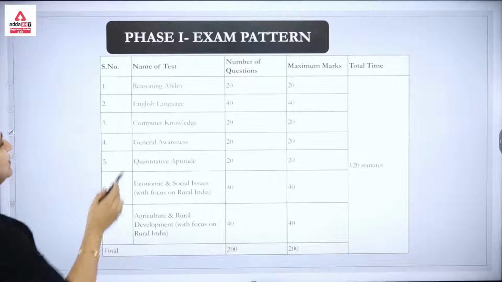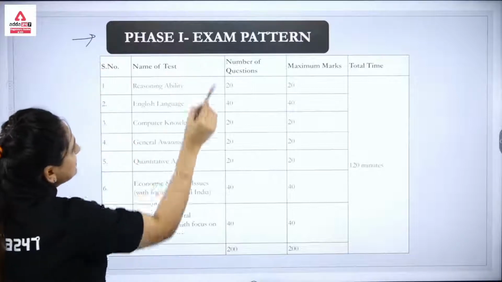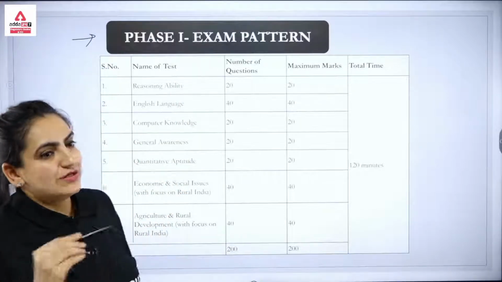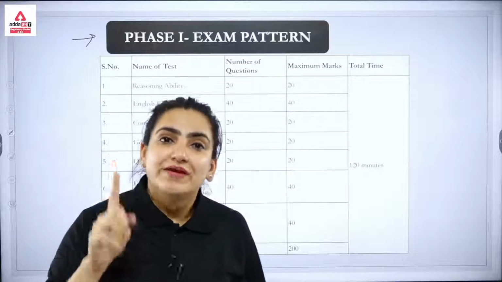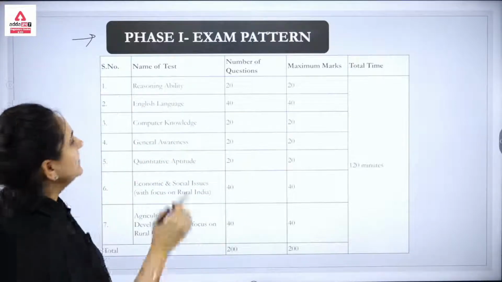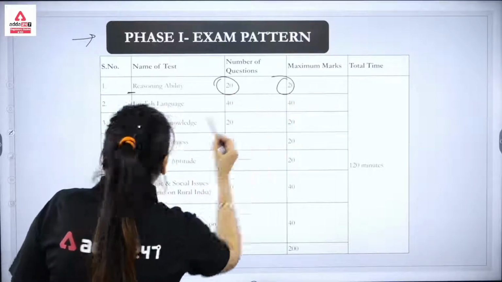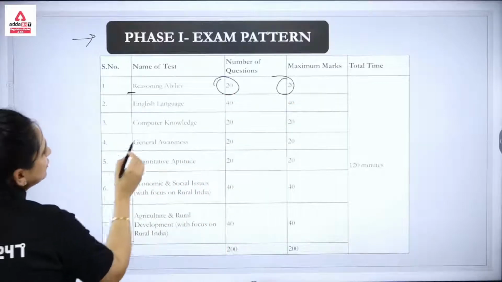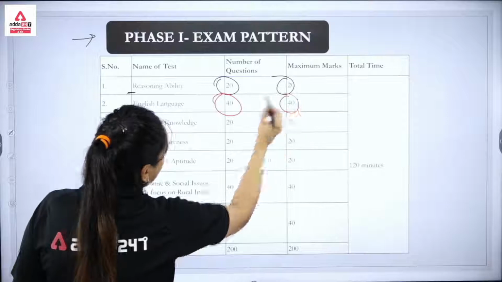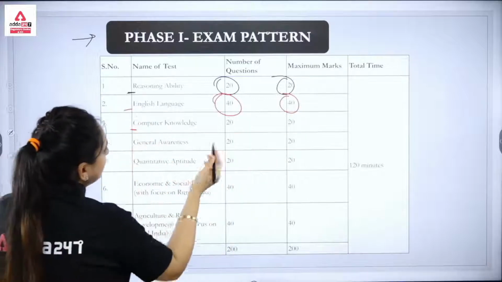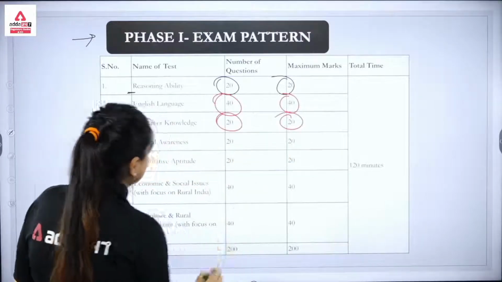So my dear, in phase 1 you all know the exam pattern. If we talk about the examination pattern of phase 1 of the exam, that is in front of you. When we talk about reasoning, it has 20 questions for 20 marks. English has 40 questions for 40 marks. Computer knowledge has 20 questions, 20 marks.